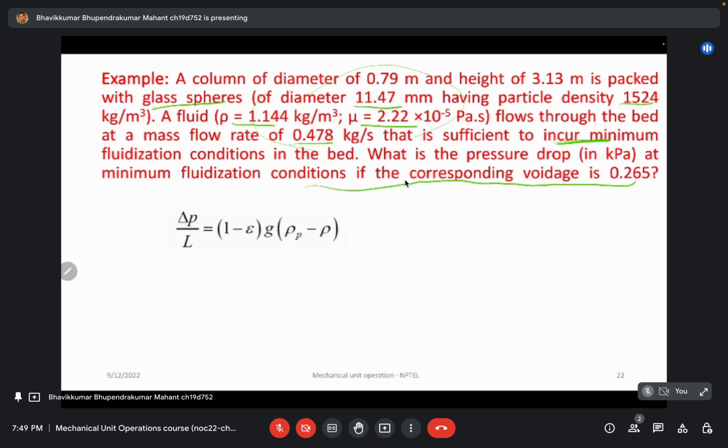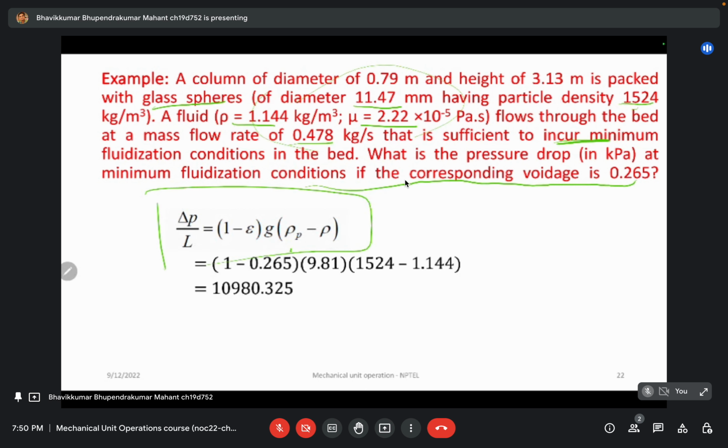Okay, so the equation is very simple. Delta P by L at minimum fluidization; we need to find the delta P. We have the diameter 0.79, L is 3.13, 1 minus epsilon with epsilon 0.265, g is 9.81, rho P is 1524, and we have rho.